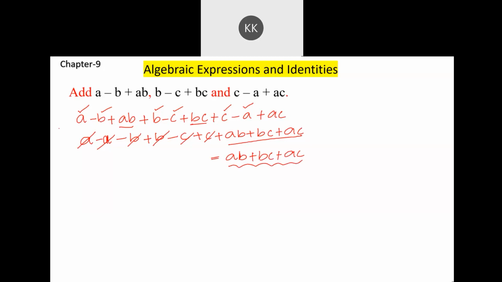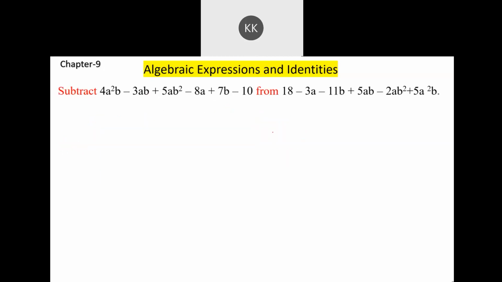So you can follow any of the methods. The only thing is like terms are to be simplified, not others. Now look at this. We have got a bigger expression where 6 terms are there. In both the expressions, there are 6 terms.